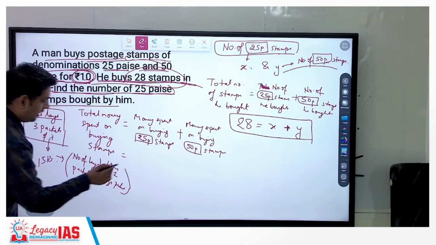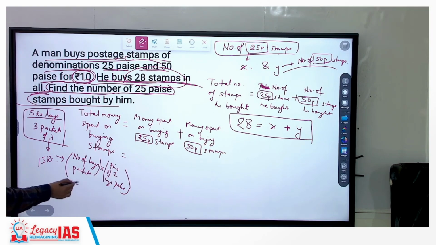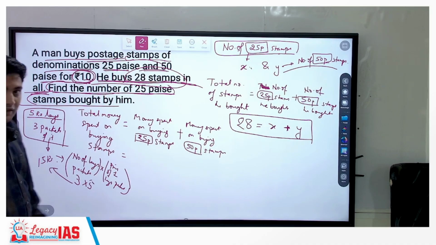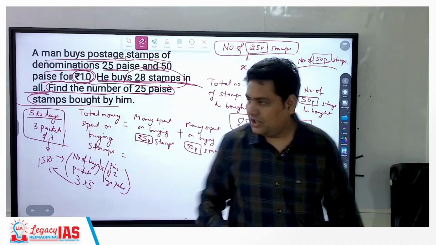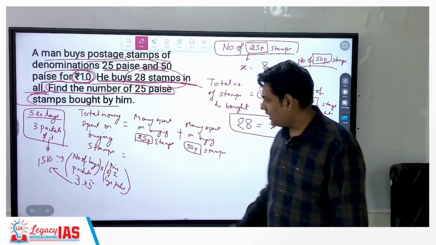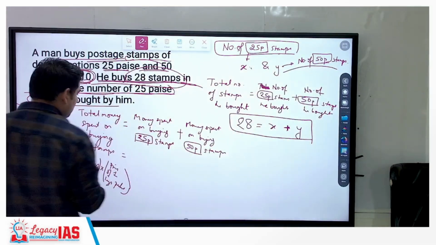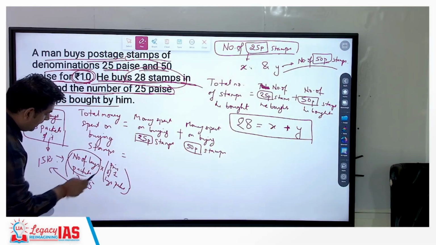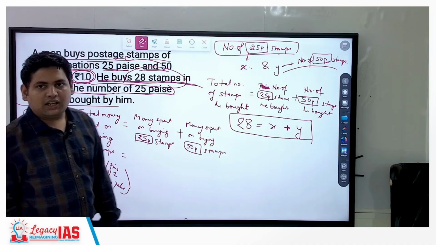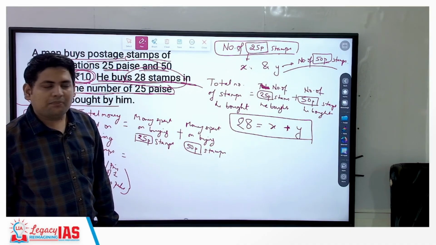Number of Lay's packets was 3 and the price of one packet was 5. You multiplied them and got 15. This is how you actually did the entire calculation. Same thing we'll do here also. Now, what is the number of 25 paise stamps?